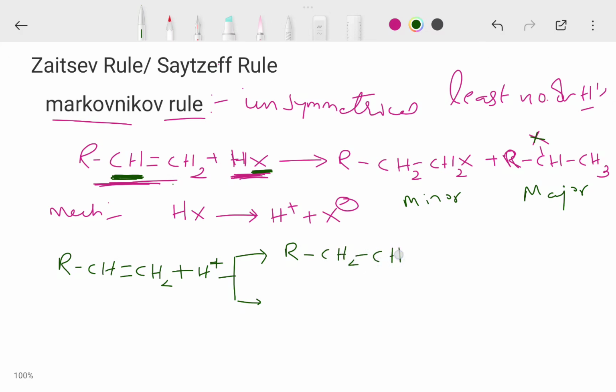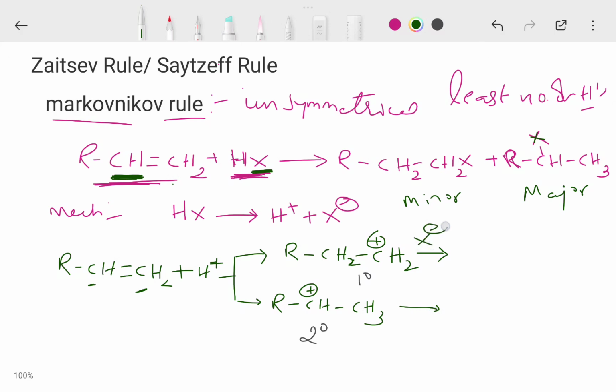If the proton is added to this carbon, RCH2 CH2 plus is formed. If the proton is added to the other carbon, R CH plus CH3 is formed. The first one is the primary carbocation and the second one is the secondary carbocation. You know that a primary carbocation is less stable and a secondary carbocation is more stable.